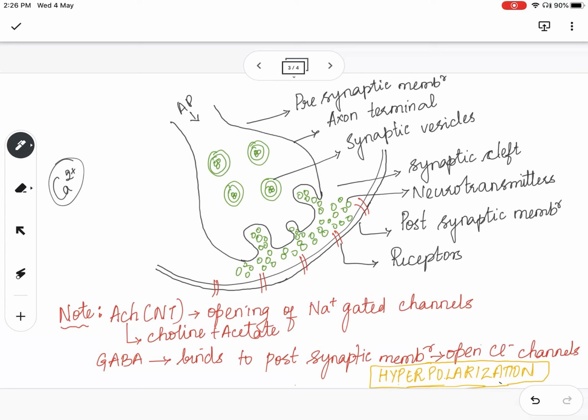Coming back, what did I just say? Action potential will be generated where exactly? In the presynaptic membrane. Because it is being generated here, it becomes permeable to calcium ions. Now these calcium ions start entering inside the presynaptic membrane. What does it do? Because there is entry of these calcium ions inside the presynaptic membrane, these are our what?